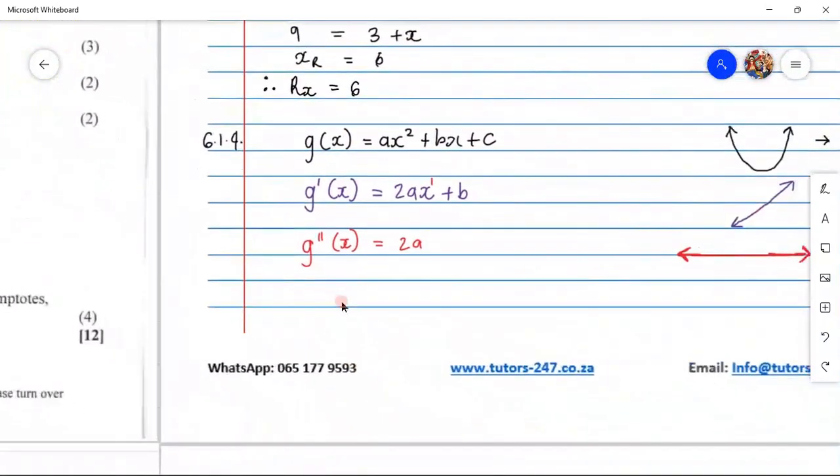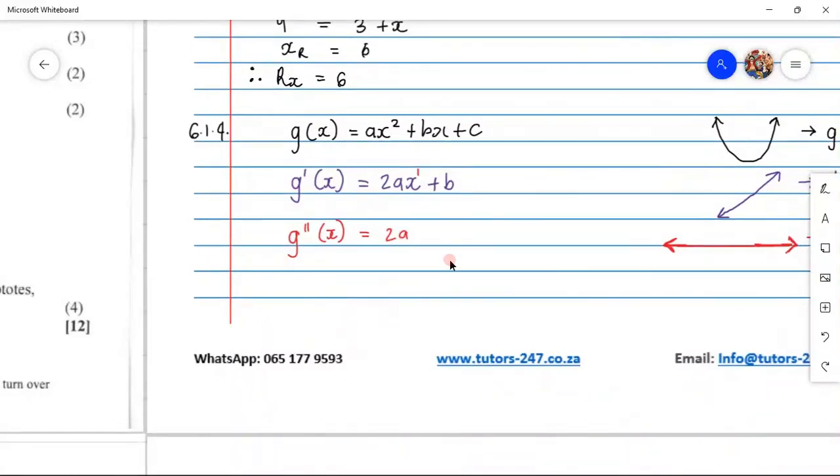So if we multiply a, which is a positive number, by 2, we're going to end up with a bigger positive number. Irrespective of what value a is, whether it's 1, 2, 3, 4, 5, 10, 100, when we multiply it by 2, we'll get an even bigger positive number.